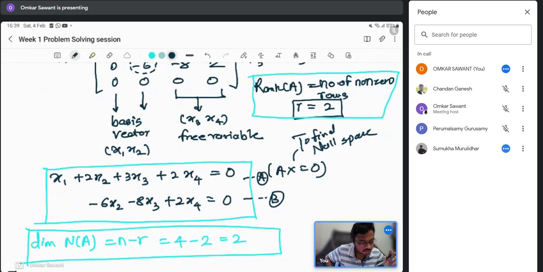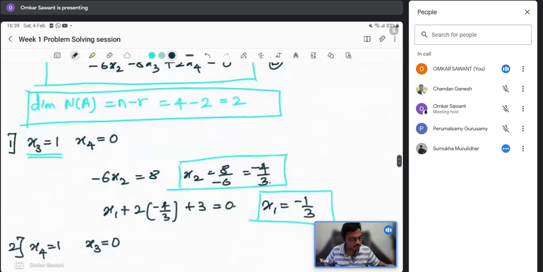Then same thing we will do for x4: we put x4 as 1, x3 as 0 and calculate x1 and x2, correct? Okay. Chandan, is it clear? Yes, sir. Okay, so can you calculate for the x4 variable?